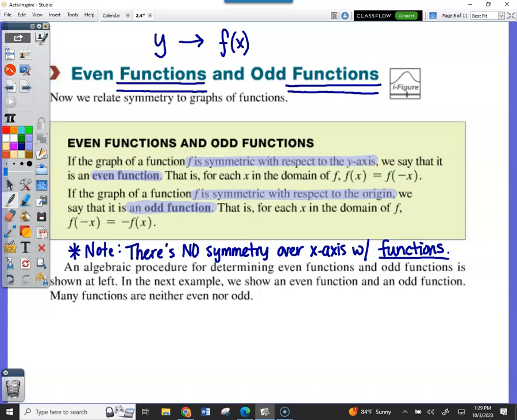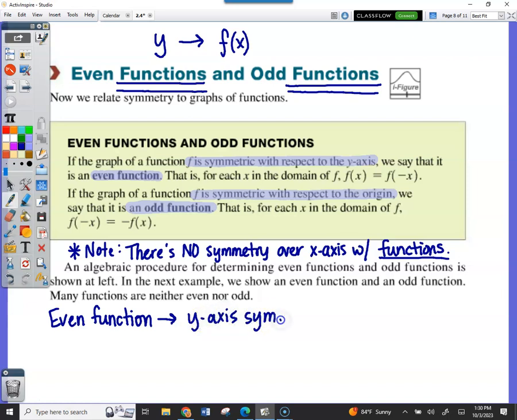Okay, now, the takeaway on this slide is understanding that if it will flip over the y-axis, it's called an even function. If it will flip over the origin, as in turn upside down, 180, it's called an odd function. Let me show you 2 things. Let's summarize. Right here, even function means it has y-axis symmetry.